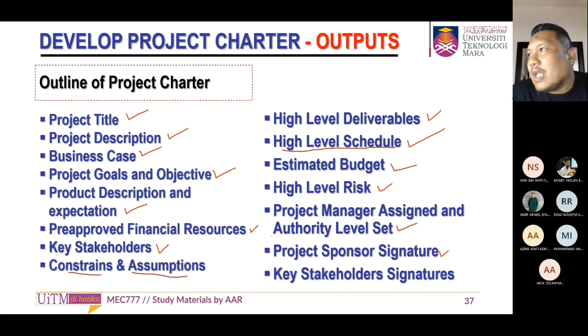But in the charter, normally people don't put this high level schedule. They just put a simple schedule, more on the planning. Just use a Gantt chart, a milestones Gantt chart is enough.